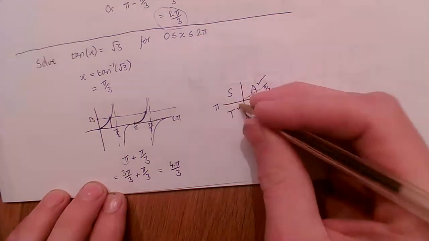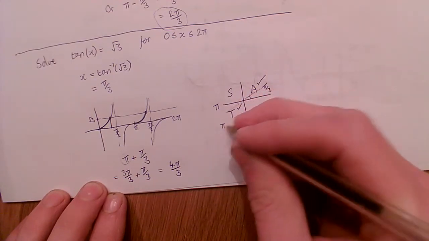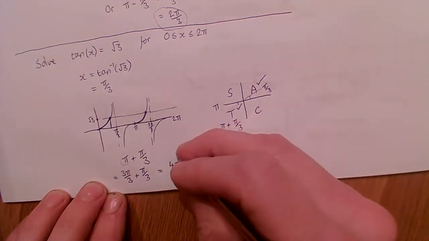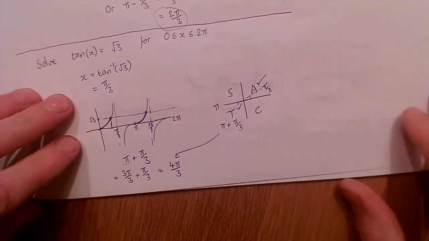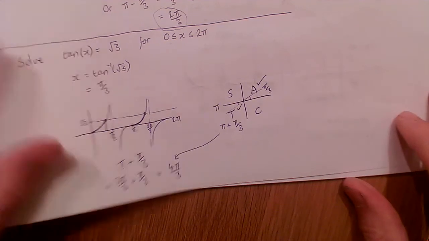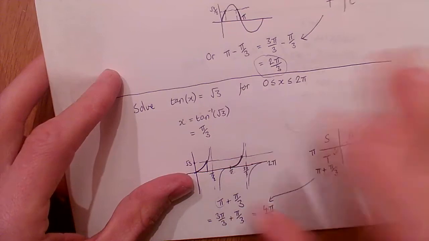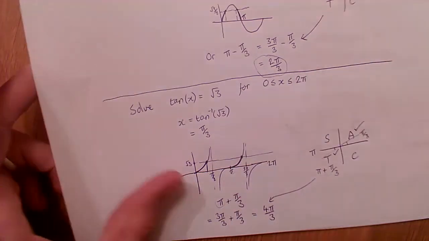Down here, we're working with this angle over here. So it is pi plus pi over 3, and that is exactly the same calculation we had there. So two slightly different methods as ever, but exactly the same answer. But the key thing here is that we're doing this step using our table rather than using our calculator.